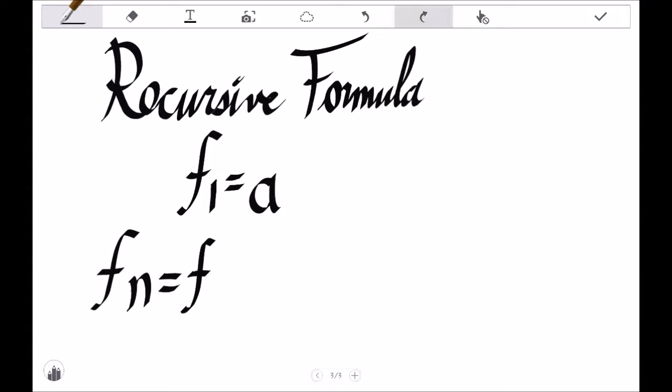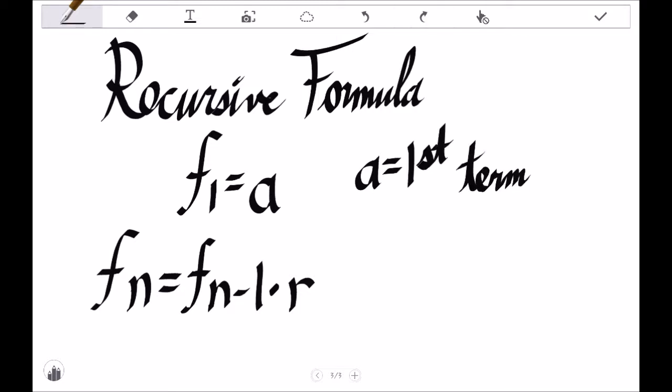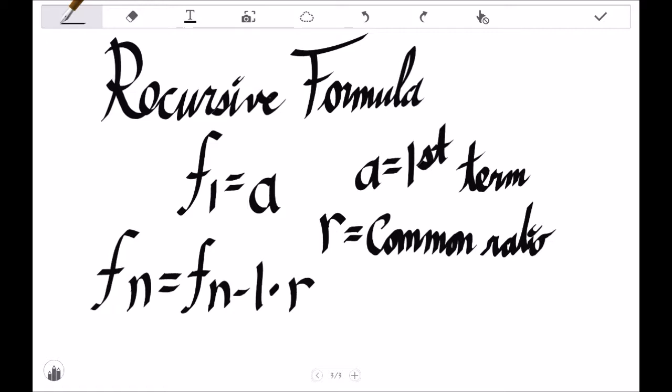This is the recursive formula. It has two parts: f1 equals a, and fn equals fn minus 1 times r, with a being the first term and r being what we call the common ratio.